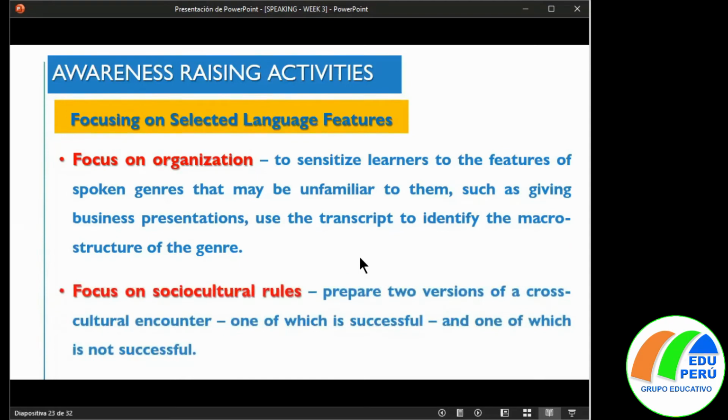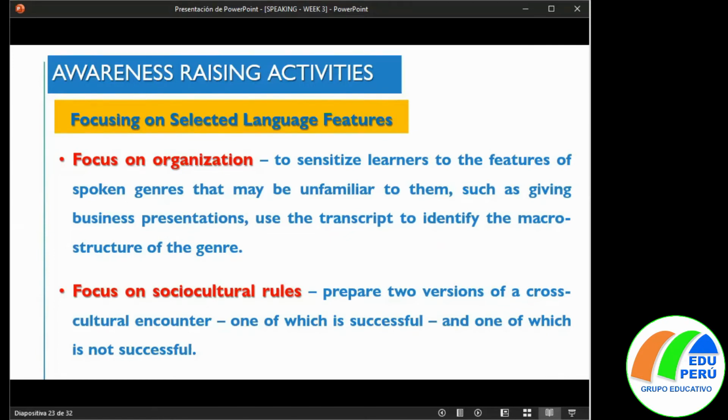The other one is focus on sociocultural rules. Prepare two versions of a cross-cultural encounter, one of which is successful and one of which is not successful. Two versions, one with a successful situation and the other with a non-successful situation.